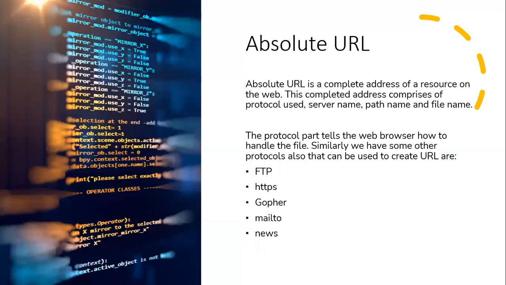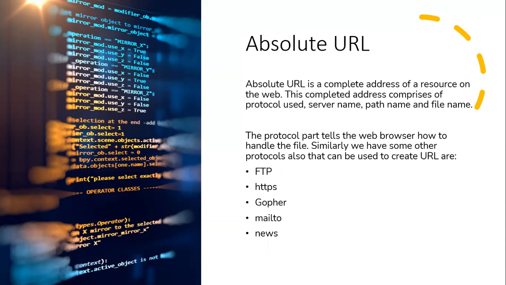An absolute URL is a complete address of a resource on the web. This complete address comprises the protocol, server name, path name, and file name. The protocol part tells the web browser how to handle the file.